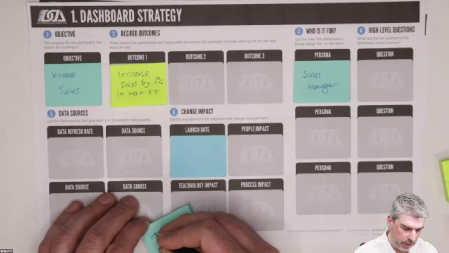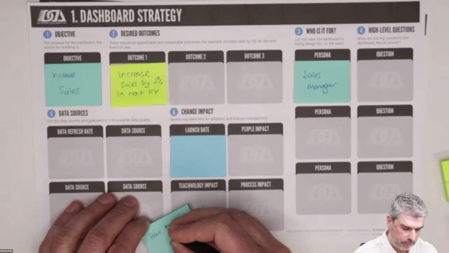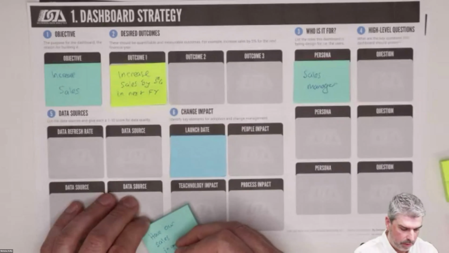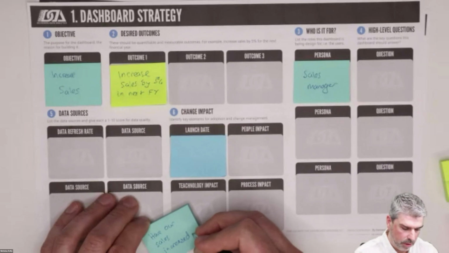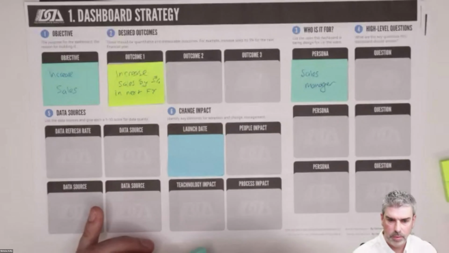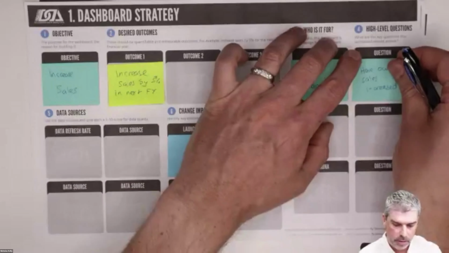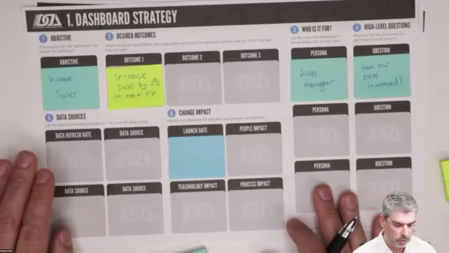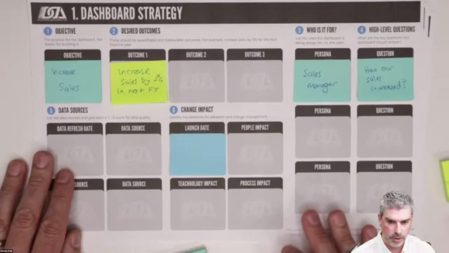Have our sales increased? Okay, super simple. And we can have more questions. I'm not going to get deep into this right now, but you could have more. Just want to give you a sample of how you would do this.